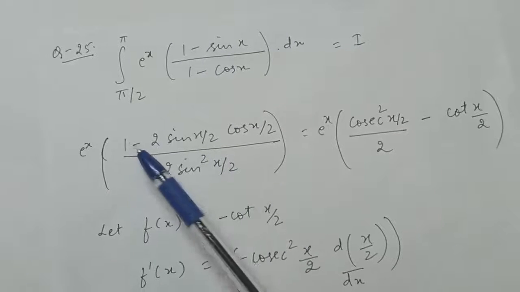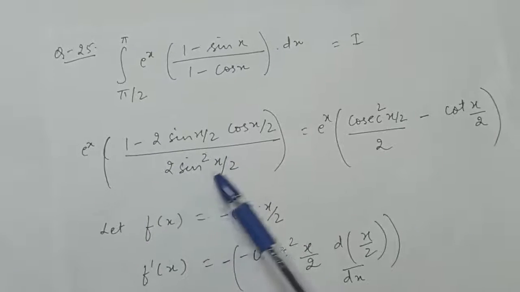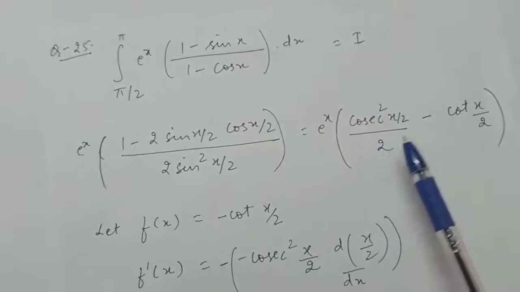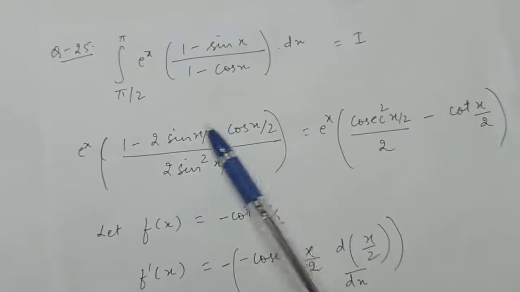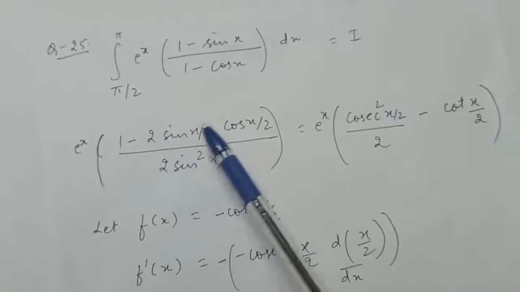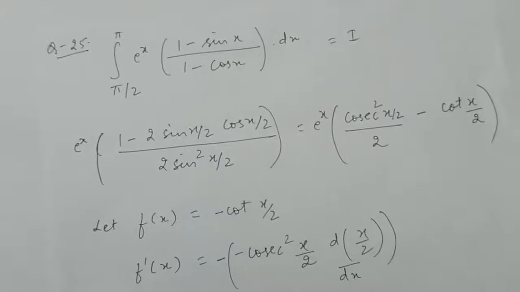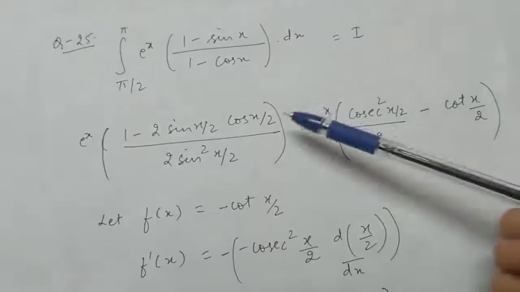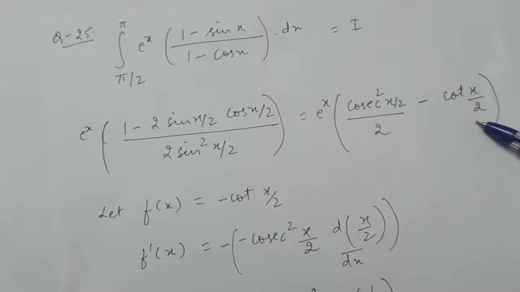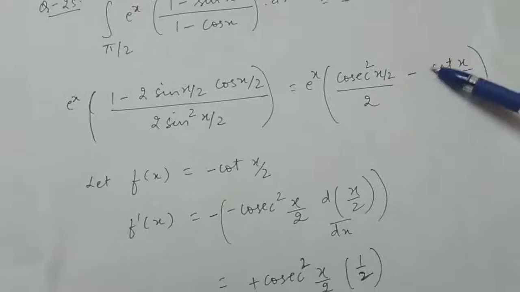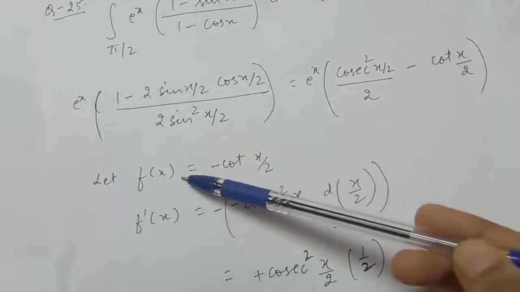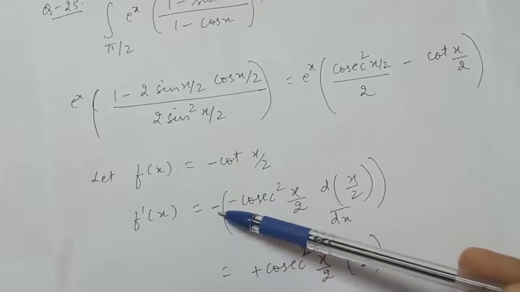Now divide 1 by 2 sin square x by 2, you will get cosecant square x by 2 upon 2, minus, when you divide this term by 2 sin square x by 2, the 2 will get cancelled and one sin x by 2 will also get cancelled. So you will get cos x by 2 upon sin x by 2, which is cot x by 2. Now see, if we take this complete expression as f(x), then the derivative of this will be minus as it is.